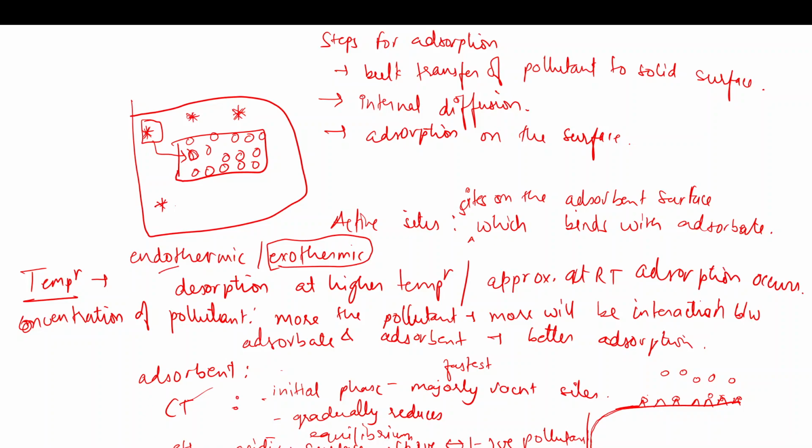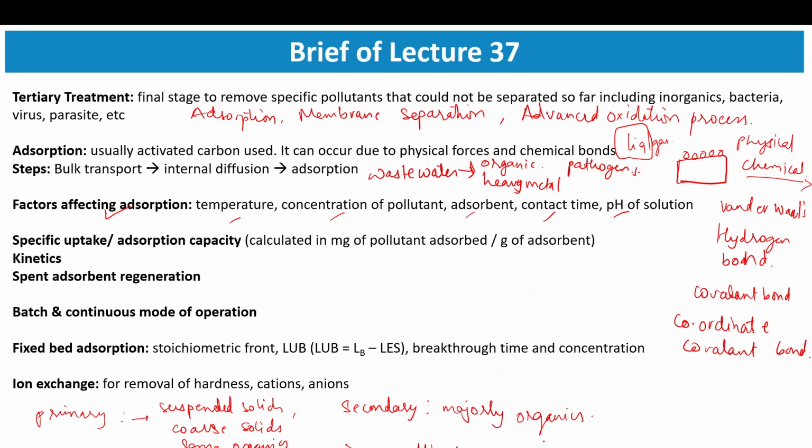for electrostatic force. Now there are key terms for adsorption. First is the specific uptake capacity, or adsorption capacity, which is calculated as the milligrams of adsorbate or pollutant adsorbed per gram of the adsorbent.